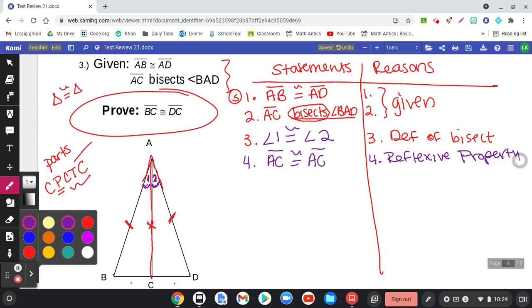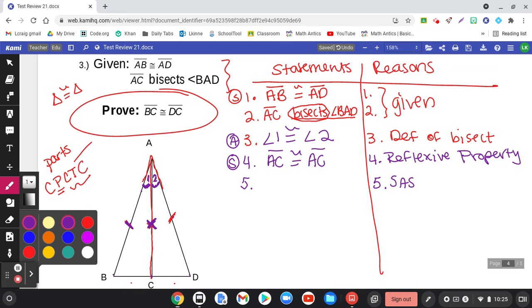And don't forget, we mark it with an X typically on the paper to show that the side of this triangle is the same as this triangle. And reflexive has an X, but make sure you know that. Okay, so if you look, we've got side, angle, side. So now we can say that the triangles are congruent by side, angle, side, and then we can do our last piece.